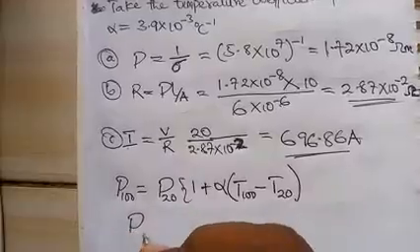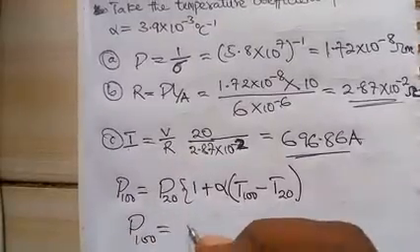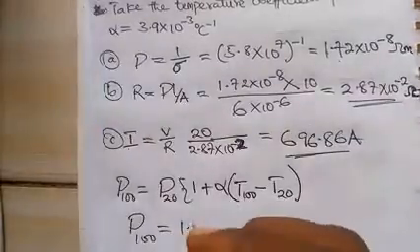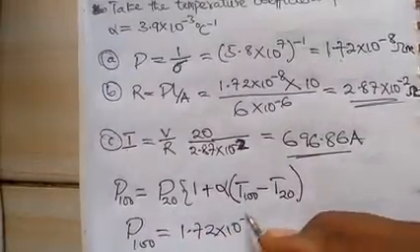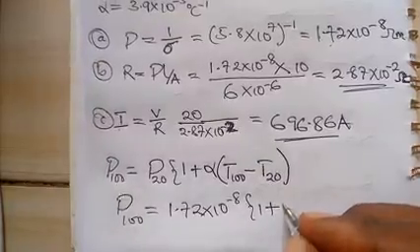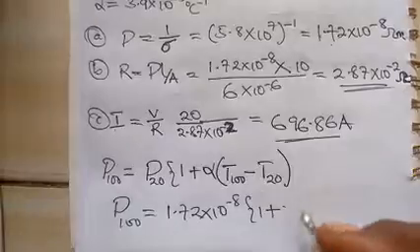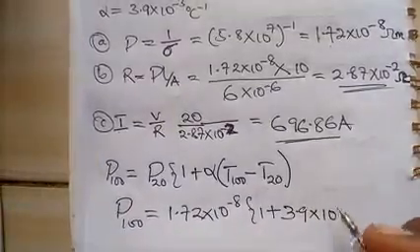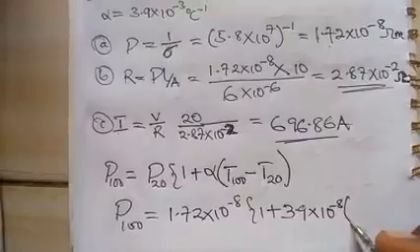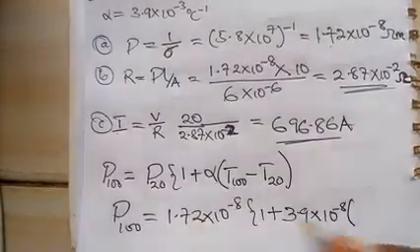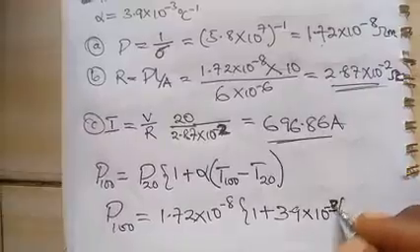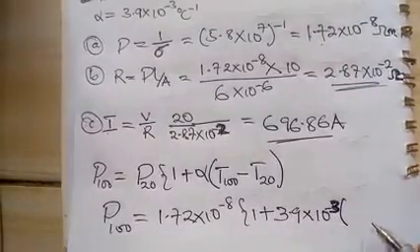So rho at 100 is equal to the resistivity at 20, which we got to be 1.72 times 10 raised to power minus 8, into 1 plus alpha, which is a constant given to us as 3.9 times 10 raised to power minus 3, sorry, not minus 8, minus 3.